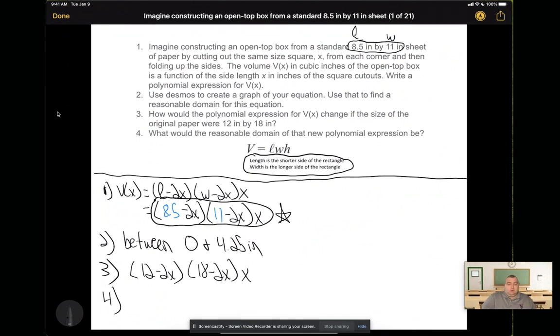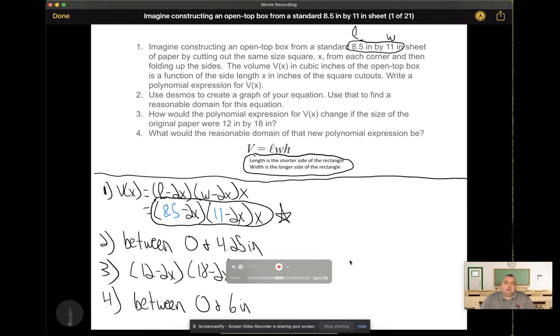So number 4, what would the reasonable domain of that new polynomial expression be? The reasonable domain would be between 0 and 6 inches. And that is it for Unit 2, Lesson 1.